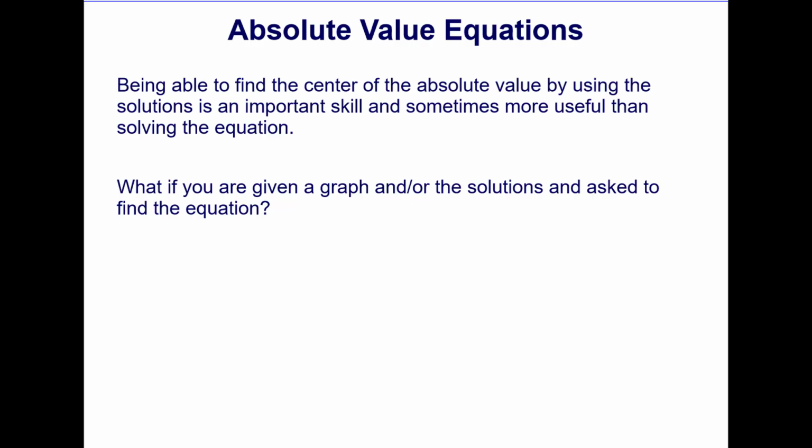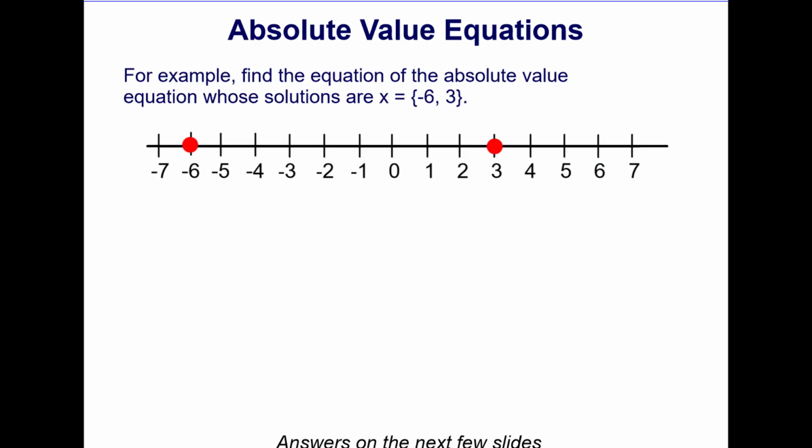Being able to find the center of the absolute value by using the solutions is an important skill, and sometimes more useful than solving the equation. What if you are given a graph and/or the solution and asked to find the equation? For example, find the equation of the absolute value equation whose solutions are x is equal to negative 6 or 3, as you see on the graph.